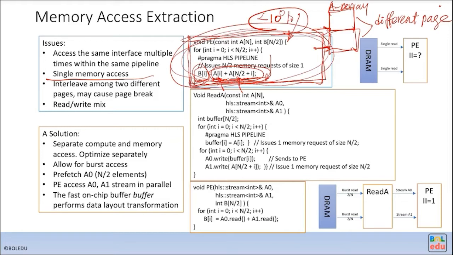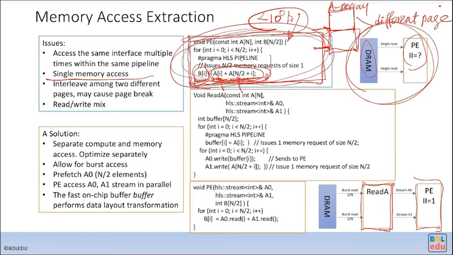First, apply the first principle: we want to separate the memory I/O access from the computation. In the original code, the computation directly interfaces with the memory I/O. Right now, we want to separate the memory access from the computation.